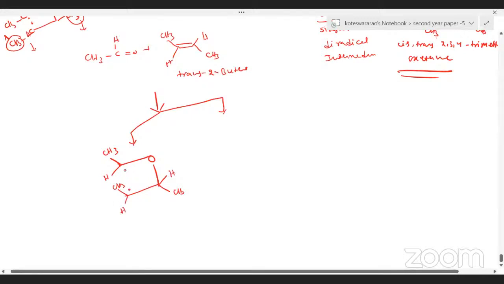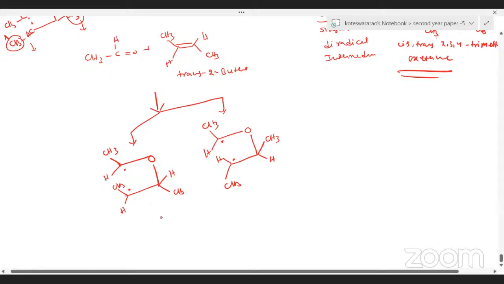Now this is one kind of diradical, and the second diradical: here the methyl group is below the plane and the CH3 group is above the plane, and arrange the hydrogens. This is another kind of diradical.